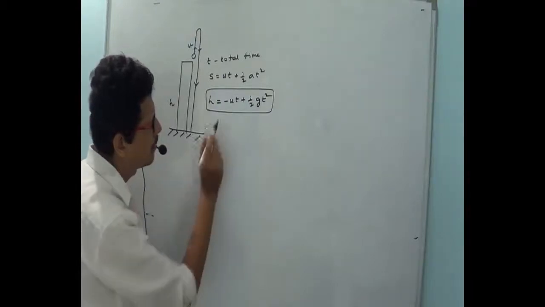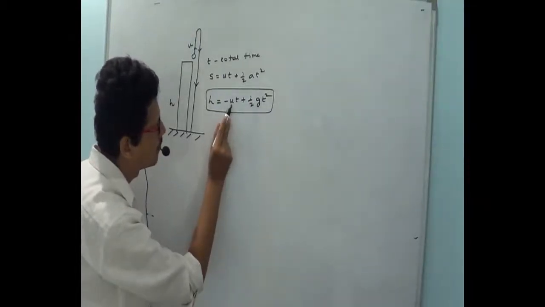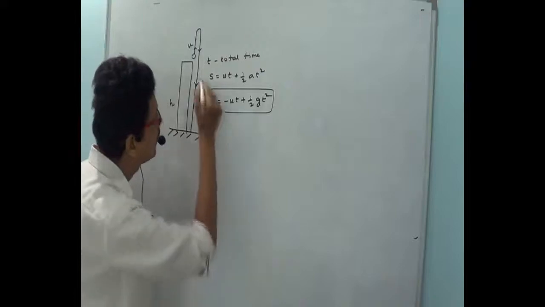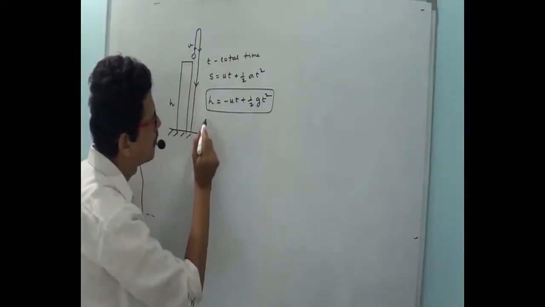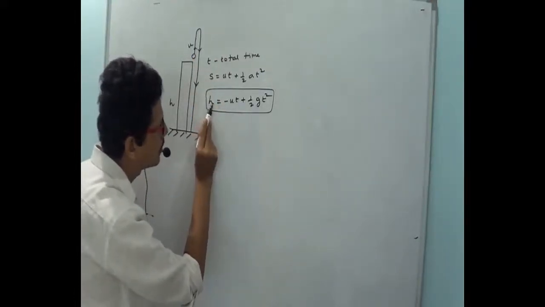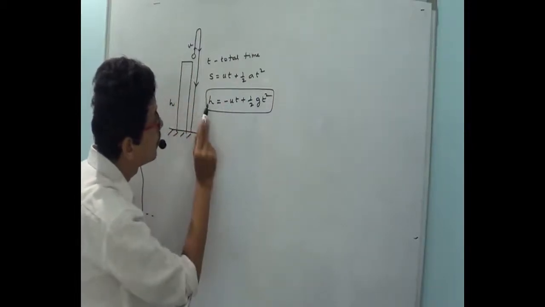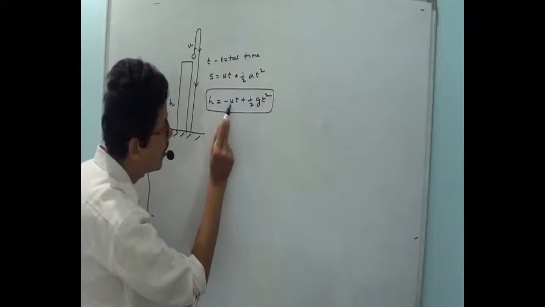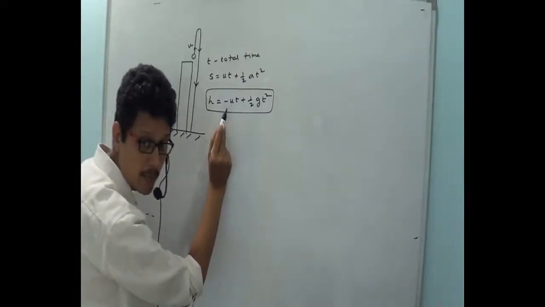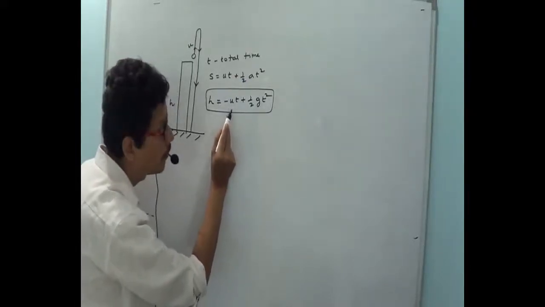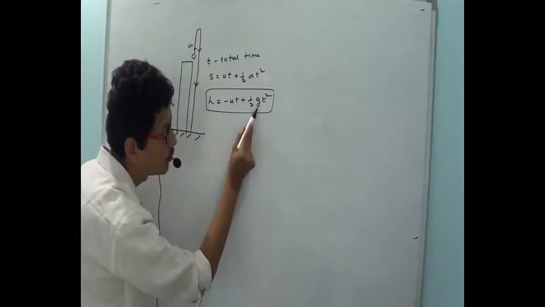And why have I taken minus here? Because displacement is in the downward direction, I have taken that as positive. Initial velocity is in the upward direction. So this is downward and this is upward. That's why I have taken minus ut. And why have I taken g as positive?